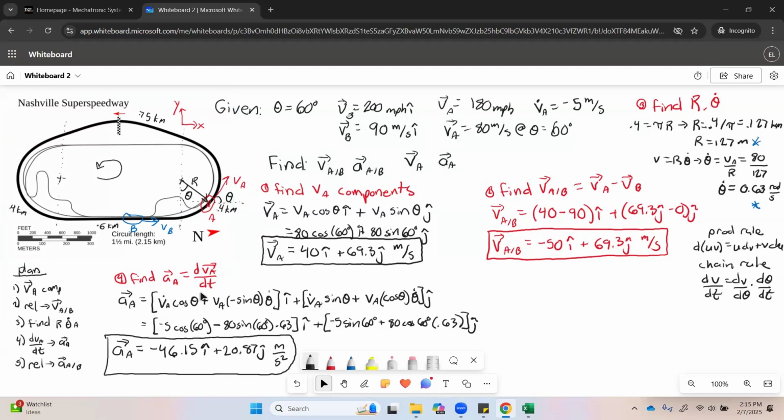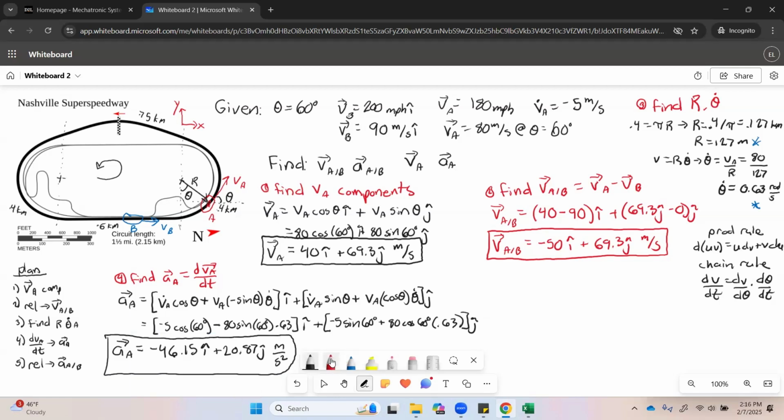We don't really know how that's going to come out, but usually the centripetal acceleration is higher than the linear acceleration. So the centripetal, which is what's pulling it towards the center of the curve in the positive direction, should outweigh the component going in the negative direction, which we can actually see here in our formula. So the -5 represents the rate of change of speed, and the 80 term represents the rate of change of direction. Well, 80 is way bigger than 5, so we end up with a more positive number.